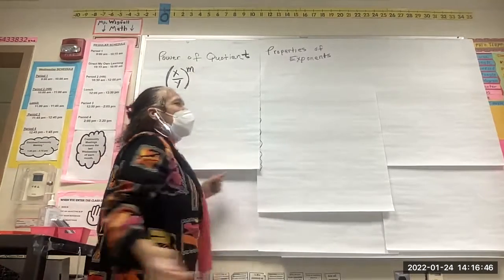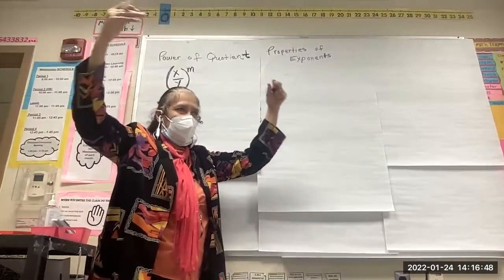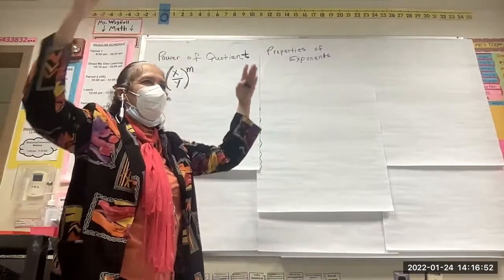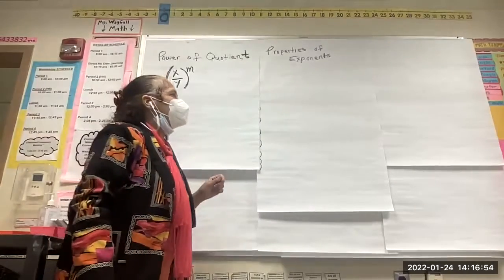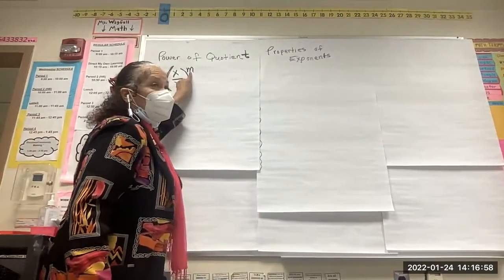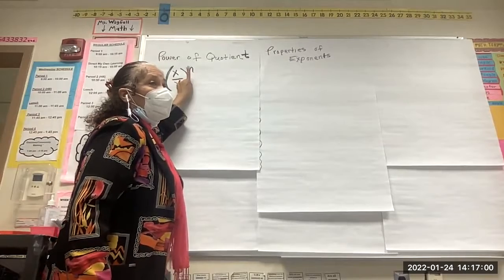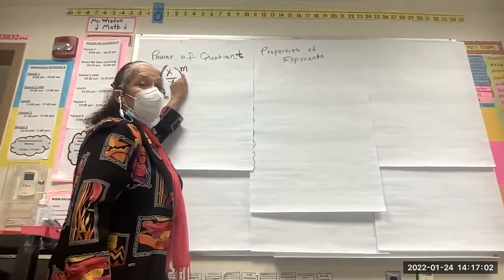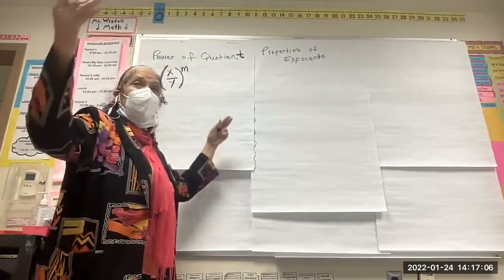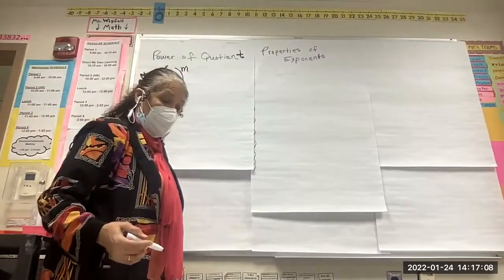The power is surrounding the entire fraction. The parenthesis surrounds the entire fraction, and the power sits on the shoulder of the parenthesis. So the power is saying everything within the parenthesis is under my power.